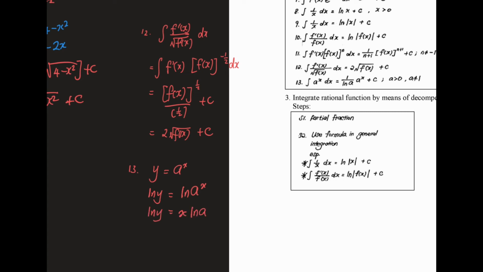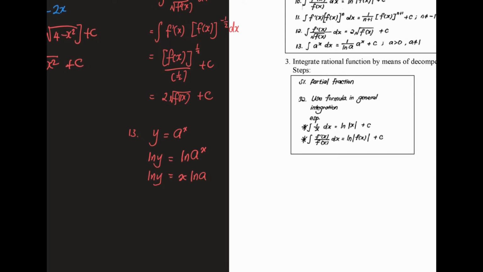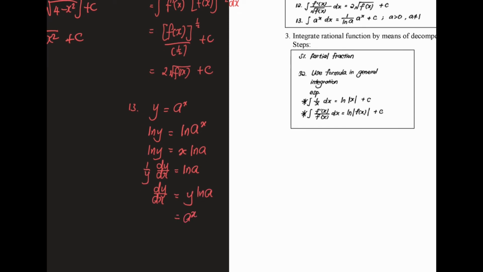Then we can start differentiating using implicit differentiation. Differentiating constant times x, you get the constant. So dy dx is y ln a, and y is a to the power of x, so dy dx is a to the power of x ln a.